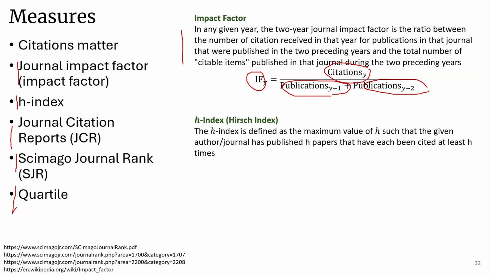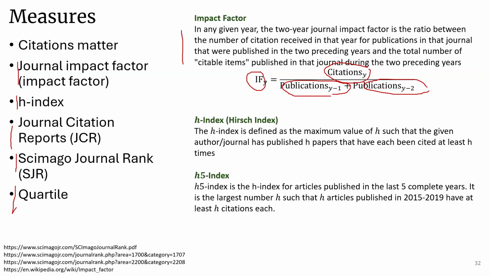So what is the H5 index? The H5 index is the H index for articles published in the last 5 complete years. It is the largest number H such that H articles published in 2015 to 2019 have at least H citations, for example, if you're talking about the 2020 H5 index.